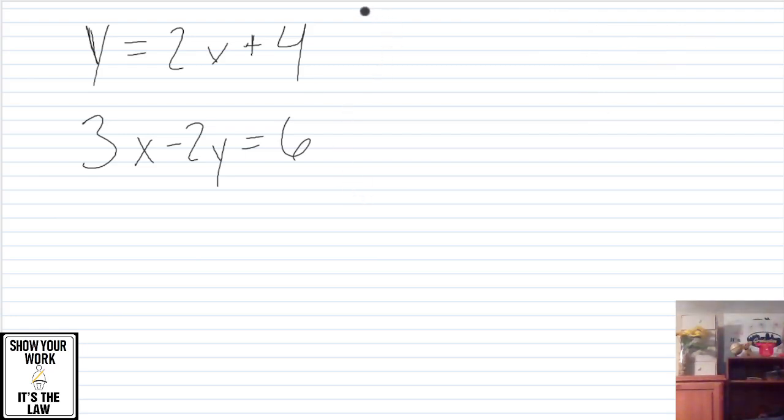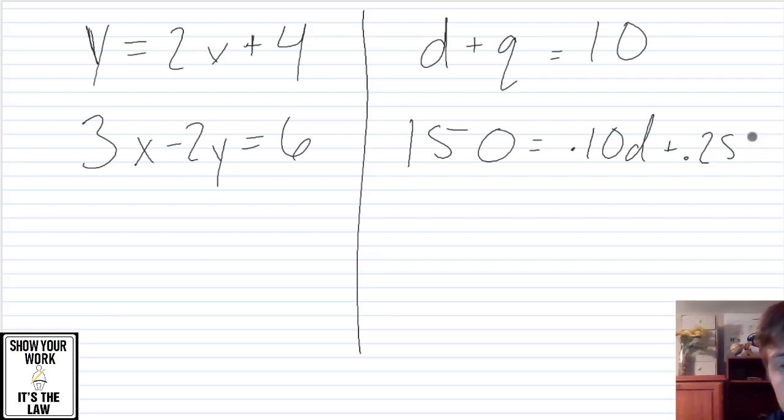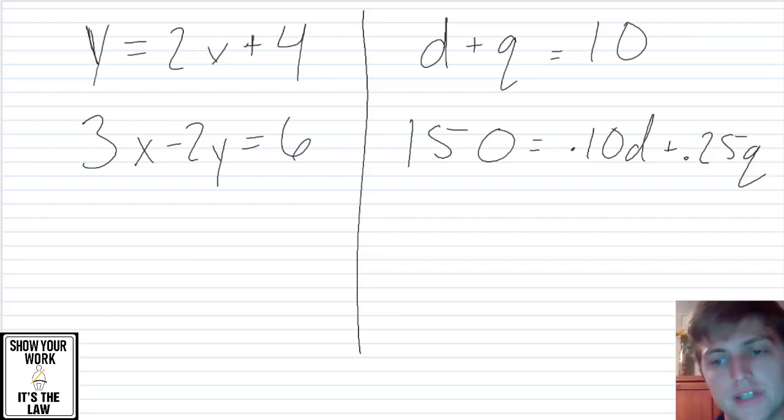Think of our money problems, where we say if he has 10 coins in total, so if he has some dimes plus some quarters, that equals 10 coins, and then the total of the coins equals $1.50, which equals 0.10d plus 0.25q. Find the number of quarters and dimes, right?